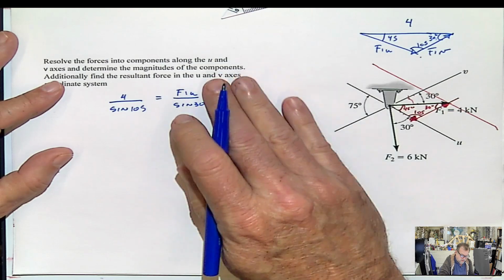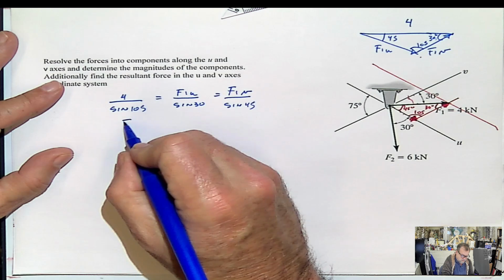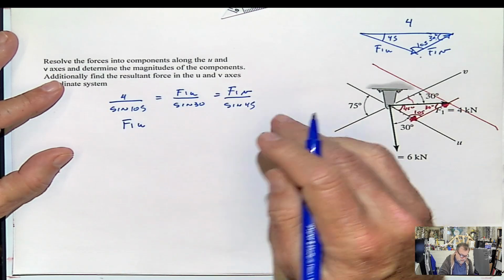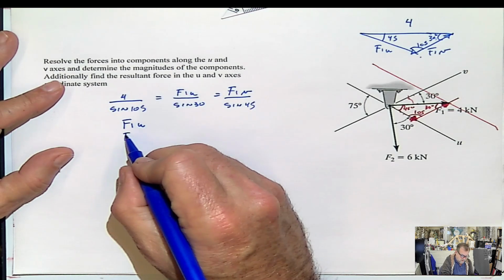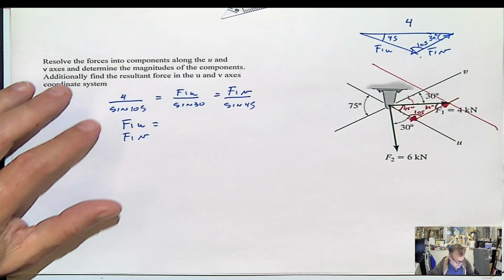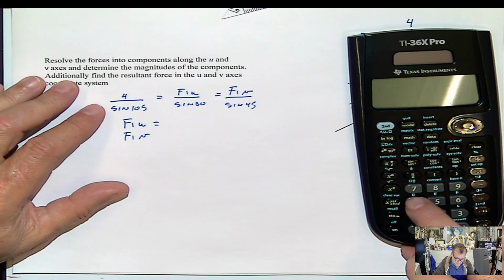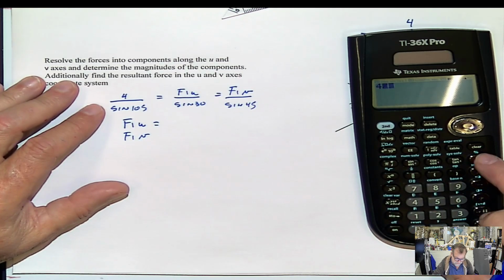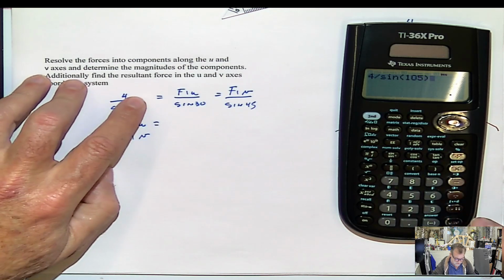So from here I can use this part and solve for F1U, and I can use this part and solve for F1V. So F1U will be 4 divided by sine of 105 multiplied by sine of 30.